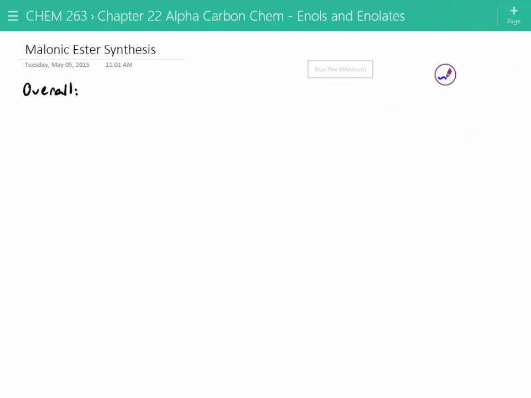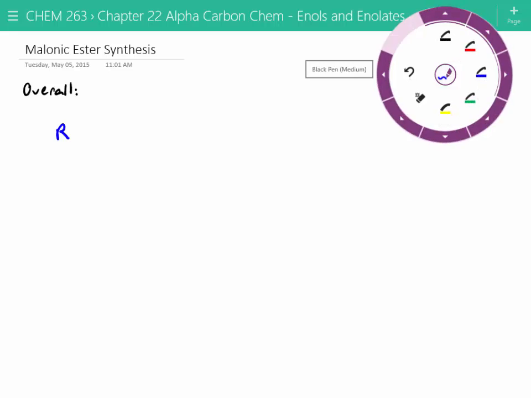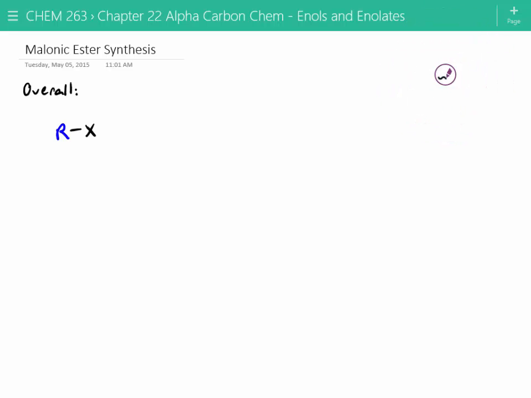In the overall reaction, we're going to take an alkyl halide and we're going to attach this alkyl halide onto a new group and form a carboxylic acid.